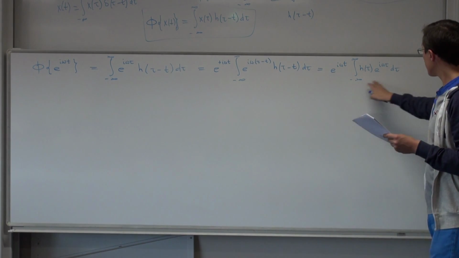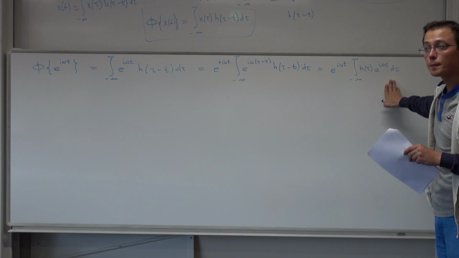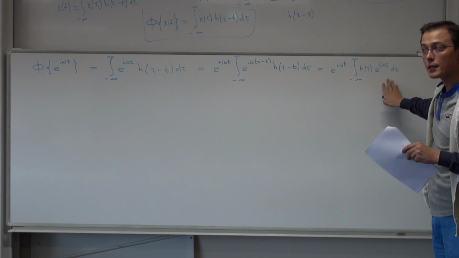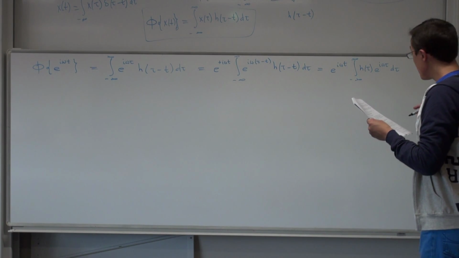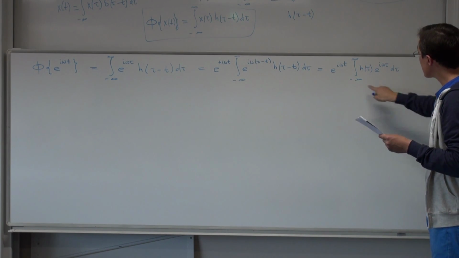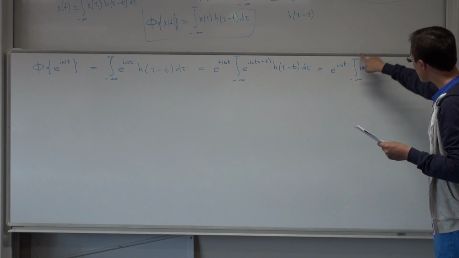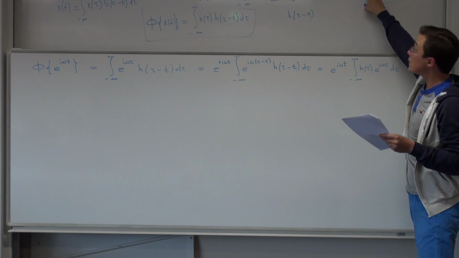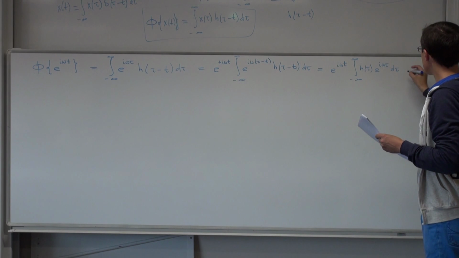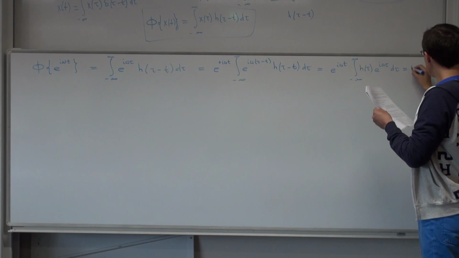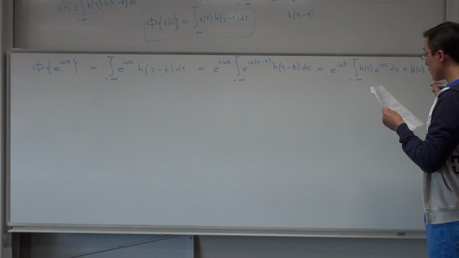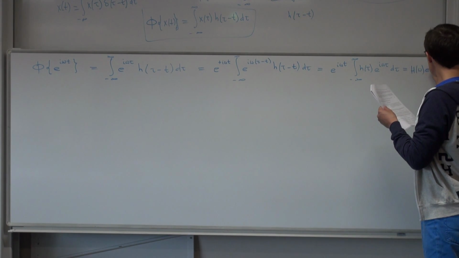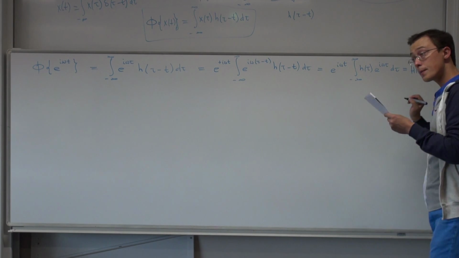Now, who recognizes the operation? Fourier transform. So we will designate the Fourier transform of the pulse response with the capital H. So it will be H of omega, the Fourier transform is a function of omega, times the original frequency.